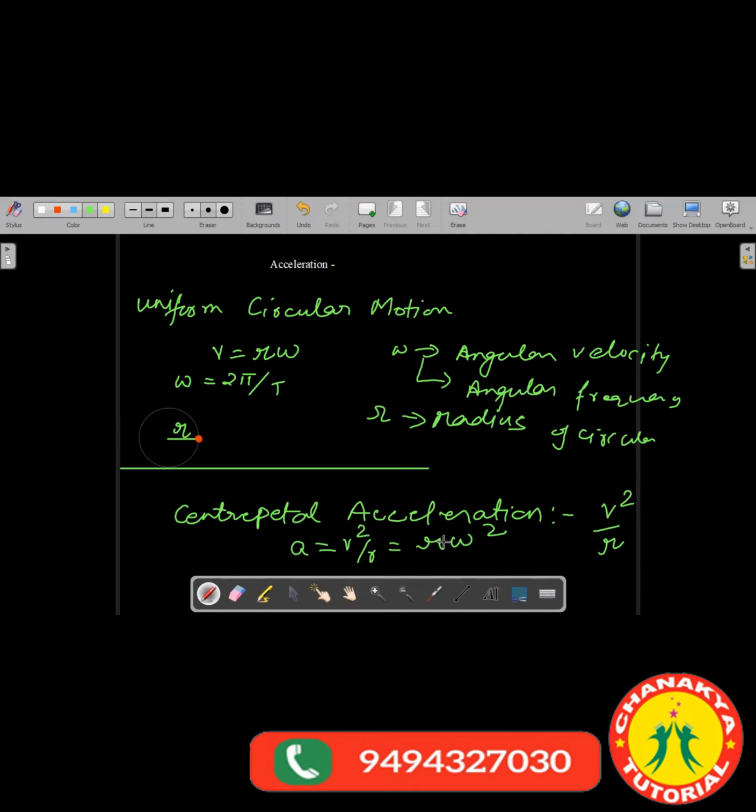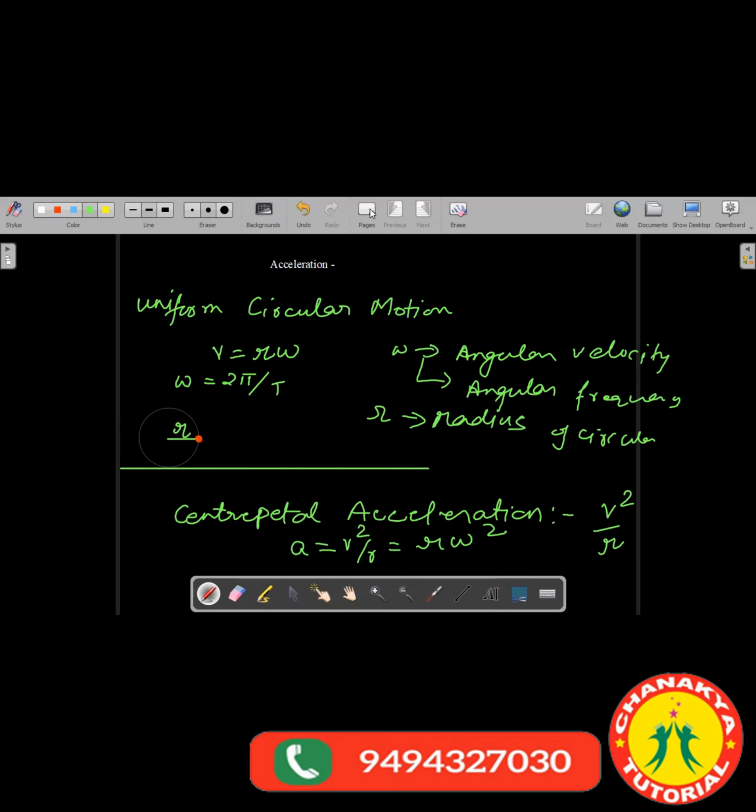Centripetal force means a force which always acts toward the center. We will see how the centripetal force can be calculated and where it is required. In the last class, we had seen that the acceleration required is always towards the center, and we call it the centripetal acceleration, which is v squared by r.